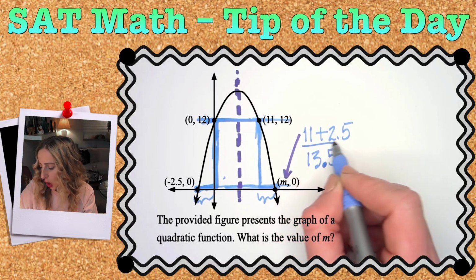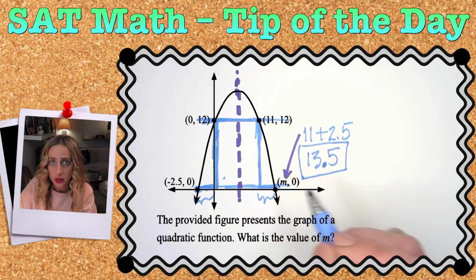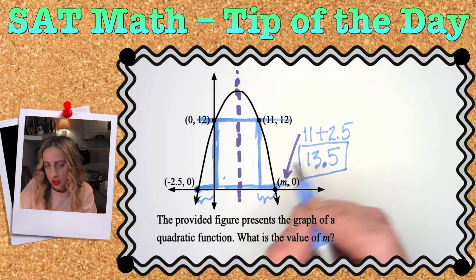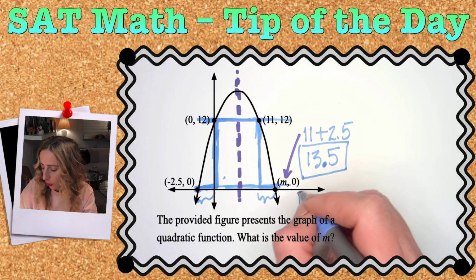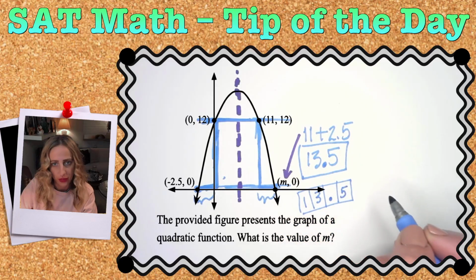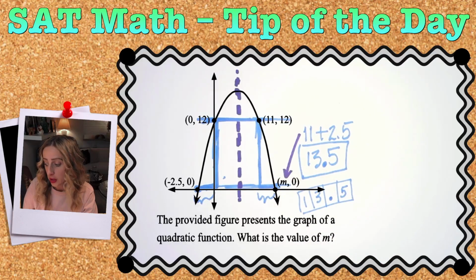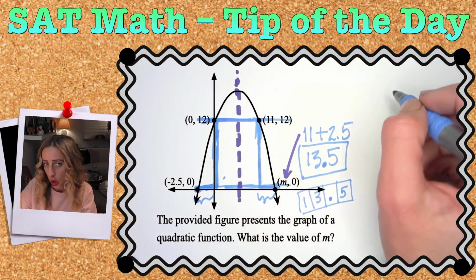This is actually an open-ended or short answer or student-produced response question, and in this situation, you have to remember you have 4 little boxes to bubble in the 13.5, and that would fit, no problem. Then you bubble in the 1, the 3, the decimal, and the 5. Well, what if you ended up doing this as fractions? Could your fraction version of the answer also fit?